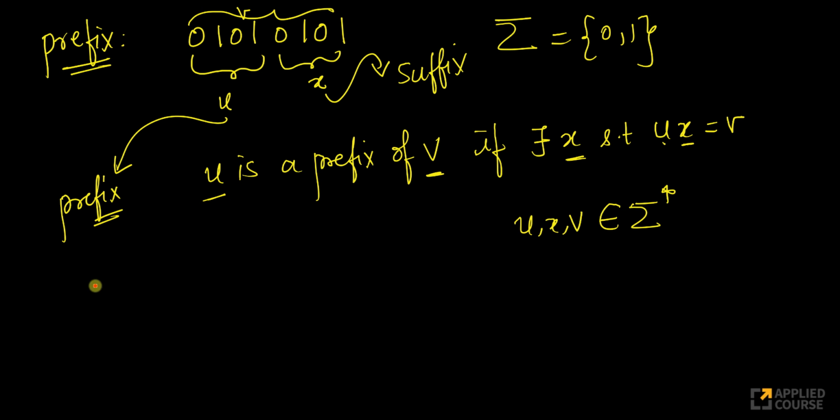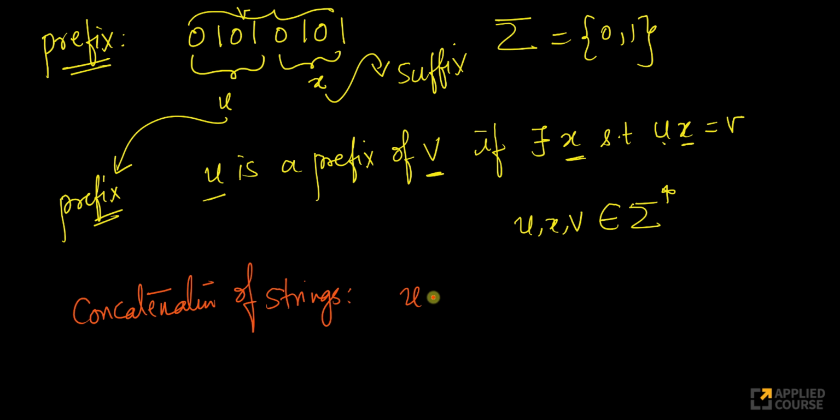Similarly, there are other concepts also. There is a concept of concatenation of strings. And what is the concatenation of two strings? Very simple. If U is a string and V is a string, both belonging to sigma star, you concatenate them: U followed by V. A string is a sequence, and you are concatenating one sequence with another.